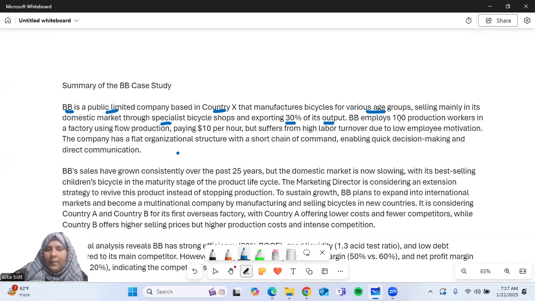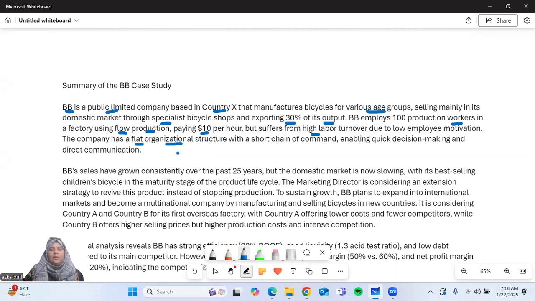So BB employs 100 production workers in a factory using flow production and paying $10 per hour, but suffers from high labor turnover due to low employee motivation, and the company has a flat organizational structure. You can just view their flat organizational structure from the insert if you have it.